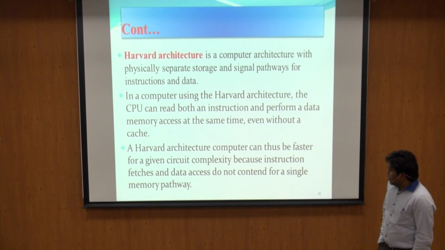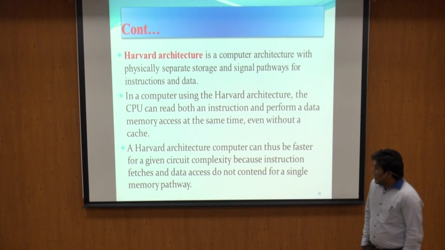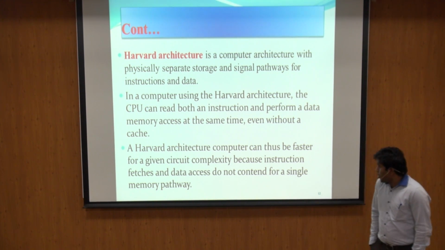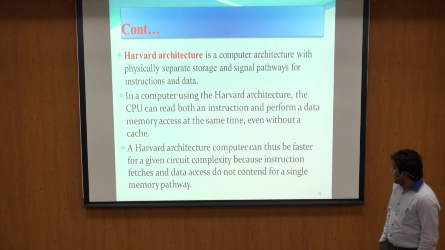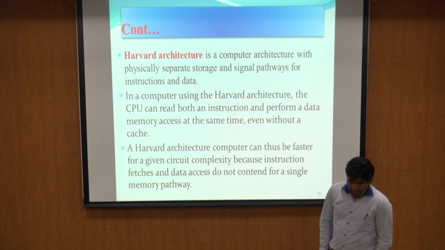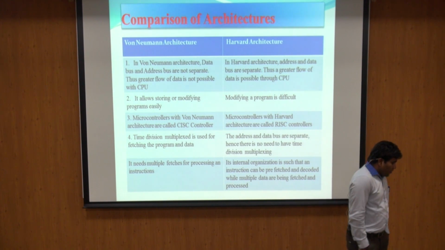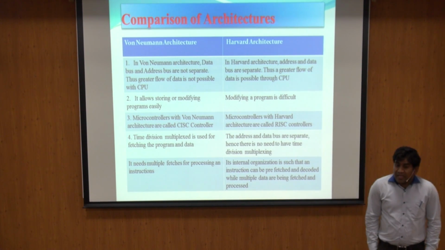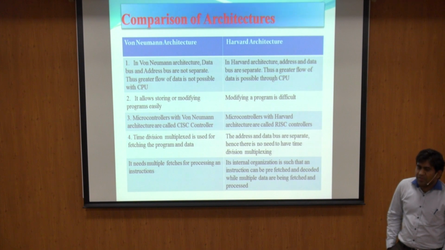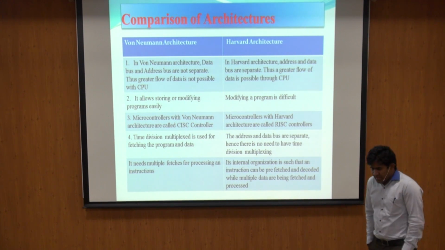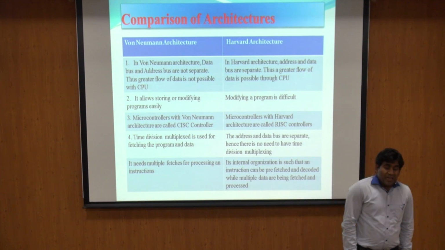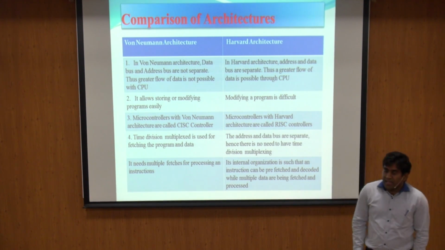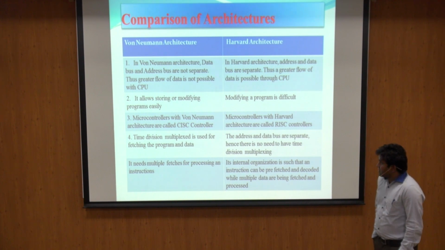One more thing I can say here is a Harvard architecture computer can thus be faster for a given circuit complexity because instruction fetches and data access do not contend for a single memory pathway. Harvard architecture is comparatively faster than the von Neumann type. The reason is I can fetch instructions and access data independently from the program memory as well as the data memory. That's why we consider it faster.